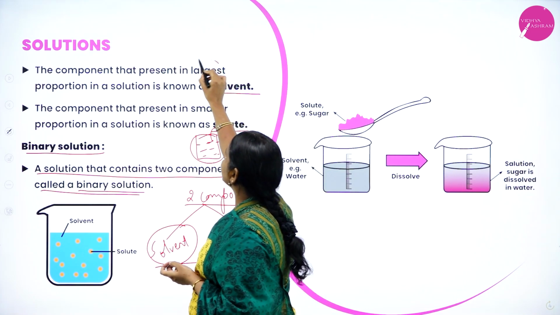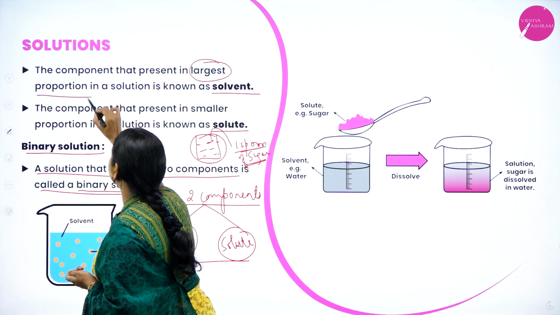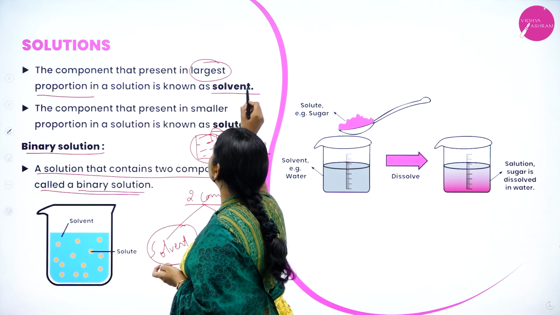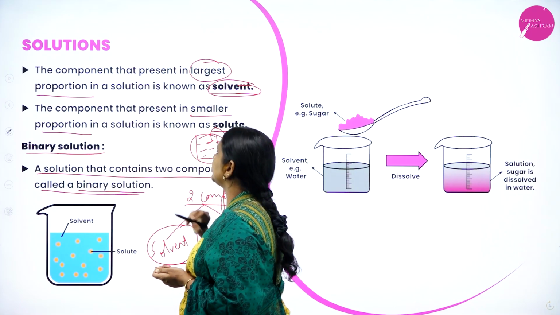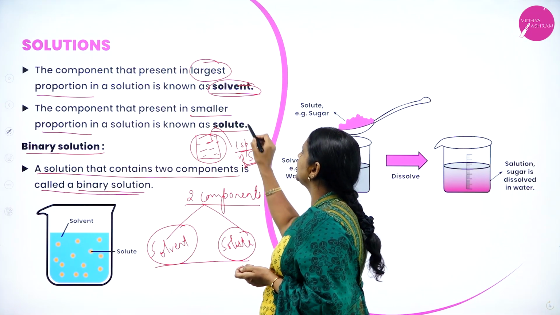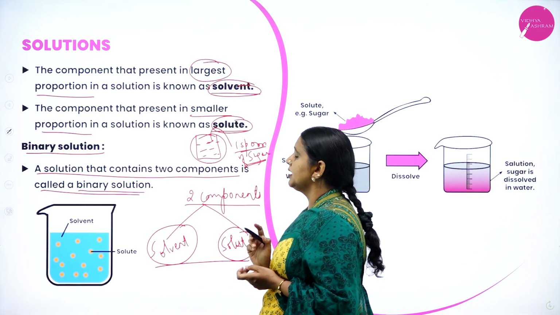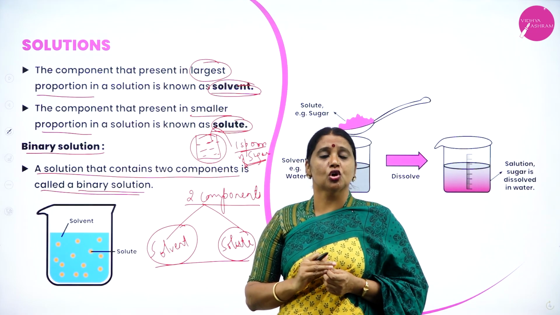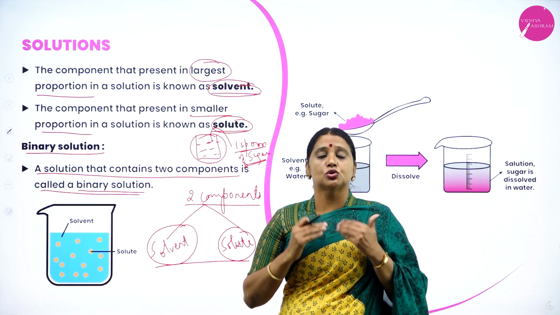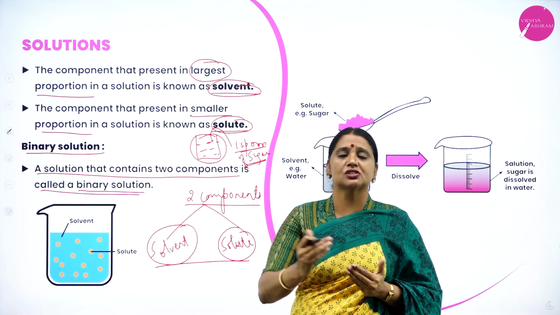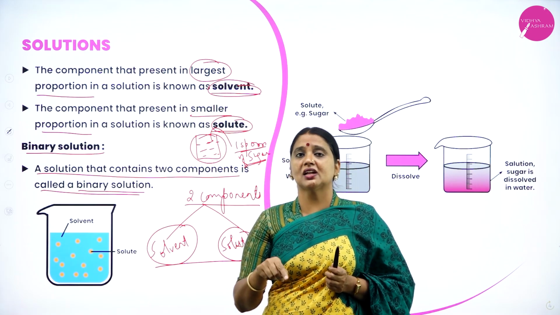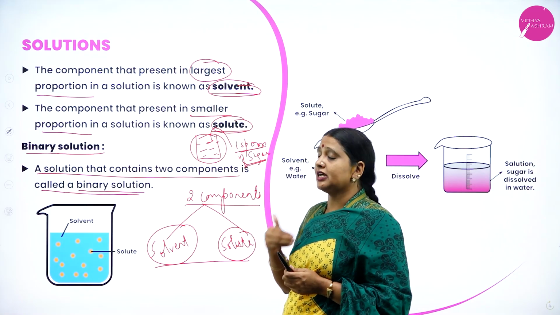Anything which is present in the largest portion is called solvent. Any component present in a smaller portion is called solute. What is solvent? The component of the solution present in larger proportion.